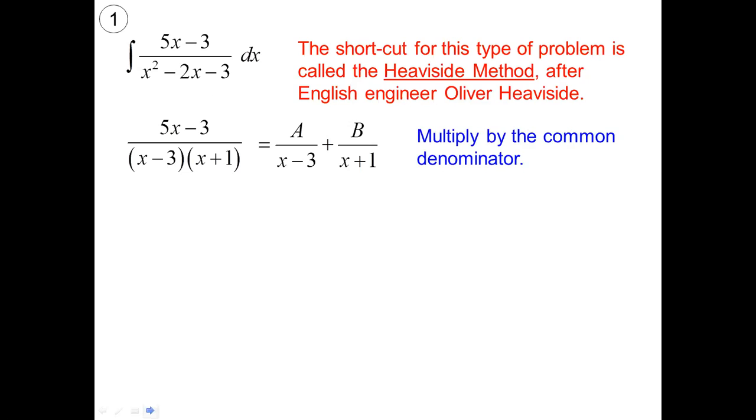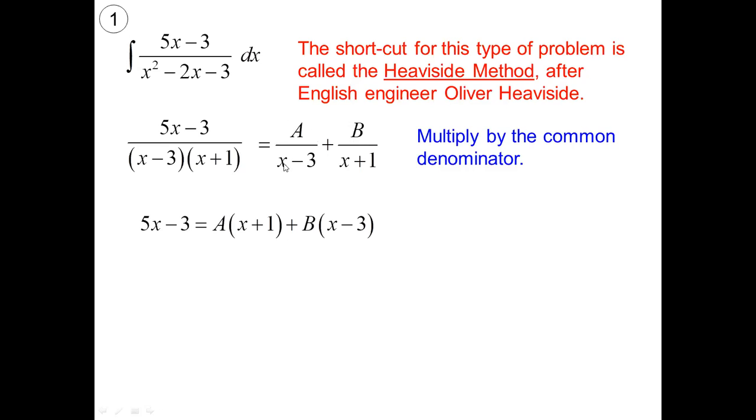The same procedure that you will do, you multiply the original expression by the common denominator. This is the common denominator resulting to this one. Now, what is this Heaviside method? Named after the English engineer Oliver Heaviside. You think of a constant that you will assign to the x in this expression, specifically on the right side, that will eliminate one of these two constants.